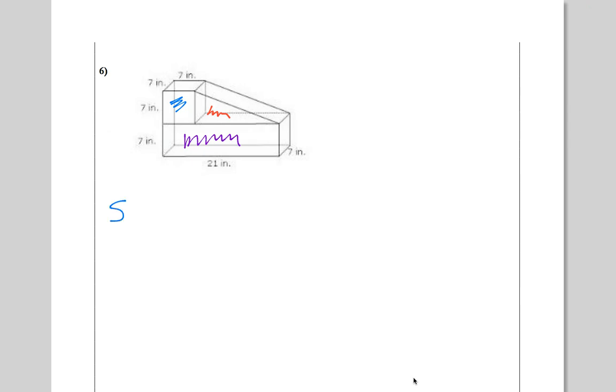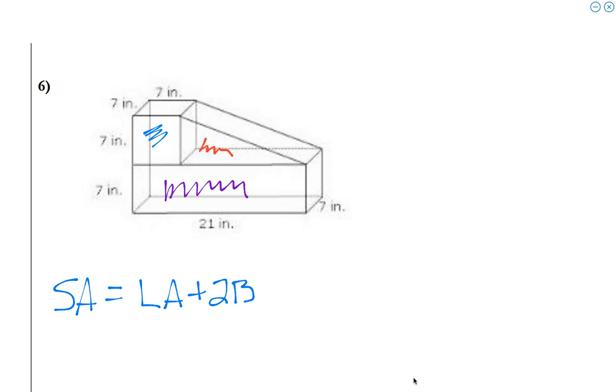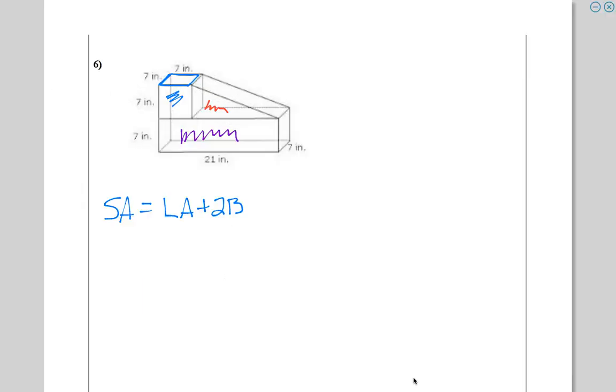So surface area for the blue is going to be lateral area plus 2b. There's going to be your base. So LA is going to be P times H, which is going to be 7 plus 7 plus 7 plus 7 all the way around that top blue square.